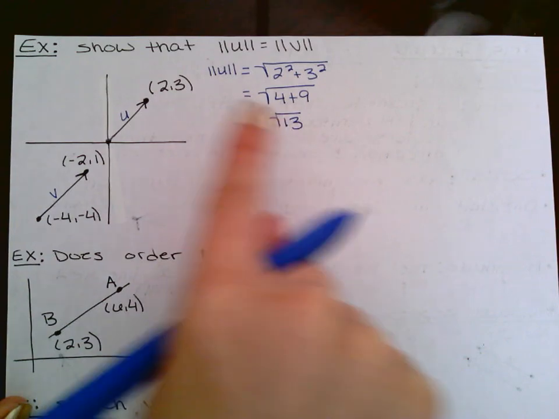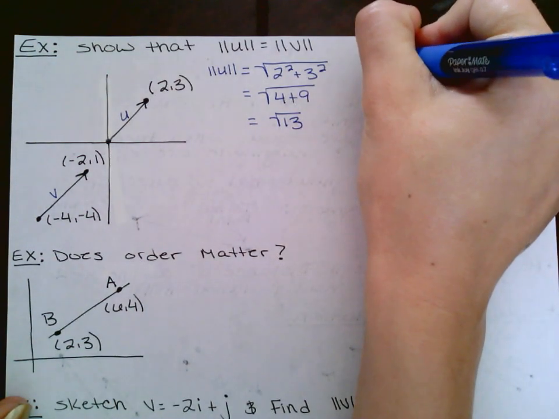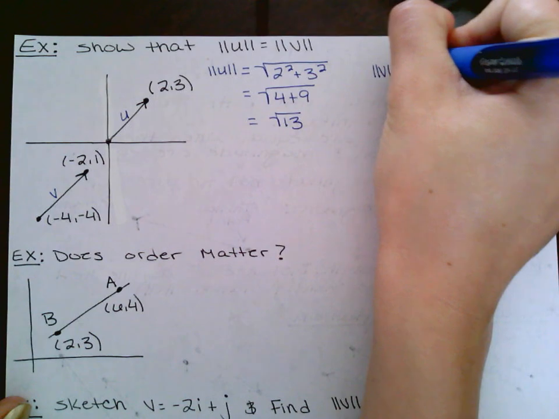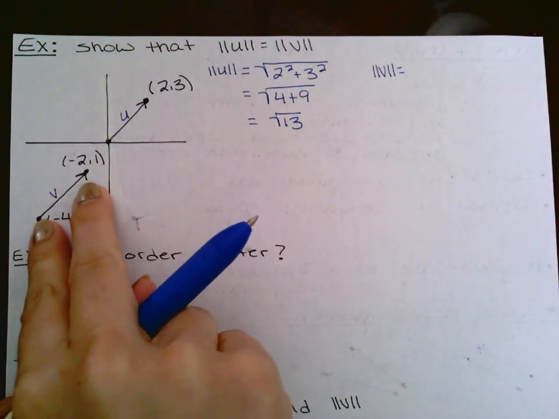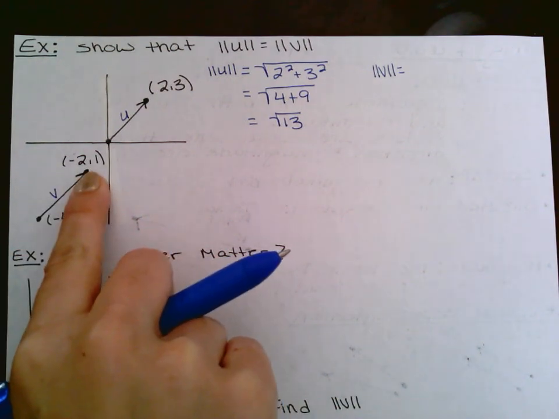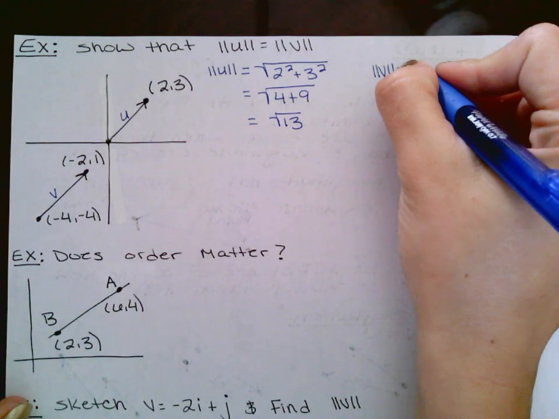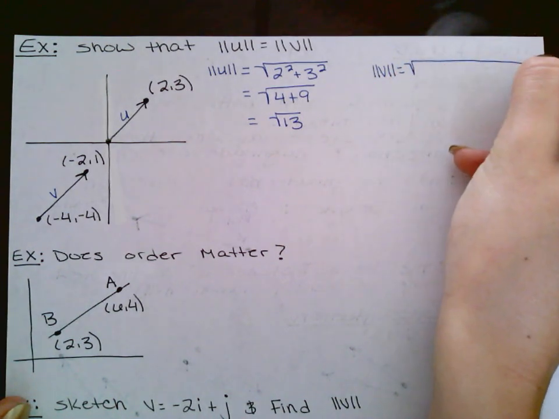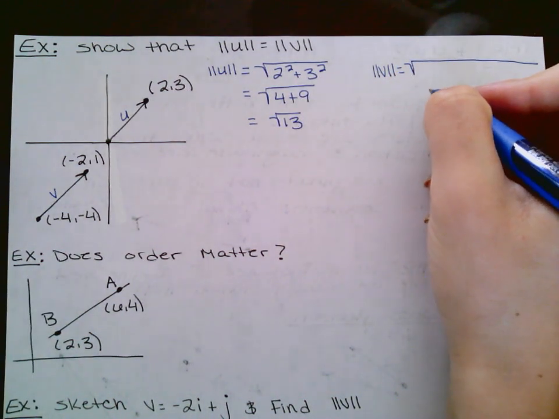Okay? Now let's compare it with vector V. Vector V is in general form, giving me 2 points. The initial point, and here is the terminal point. Okay? So this would be the distance formula. That would be the difference of the x's.